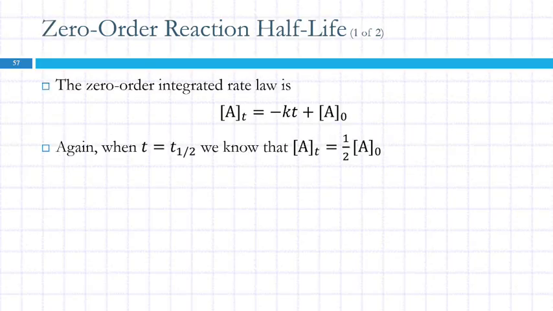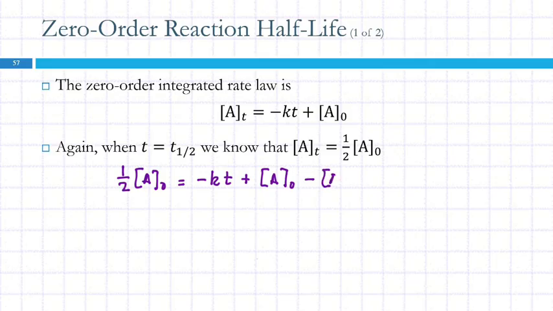There's the zero order integrated rate law. To find the half-reaction equation, the half-life equation, we're going to put this in there. So 1/2 of A0 is equal to negative KT plus A0. Most people are going to think about subtracting A0 from both sides.